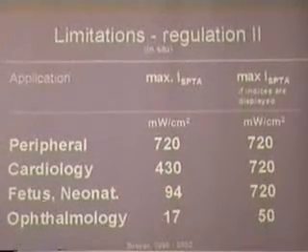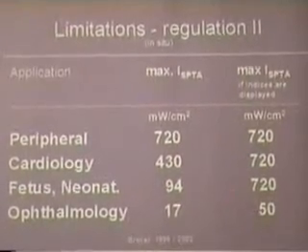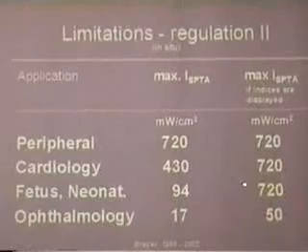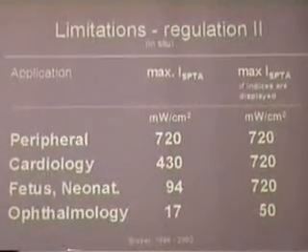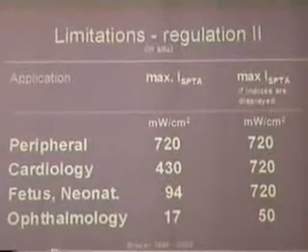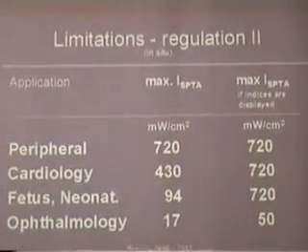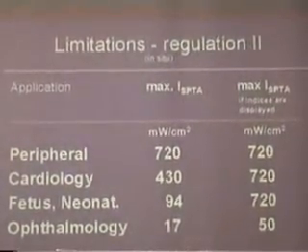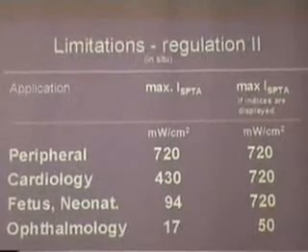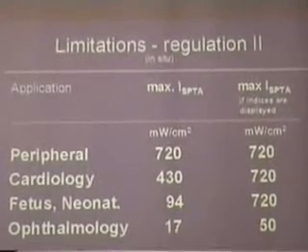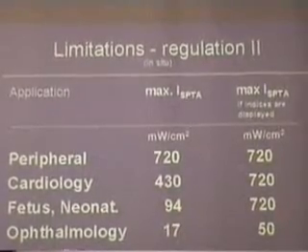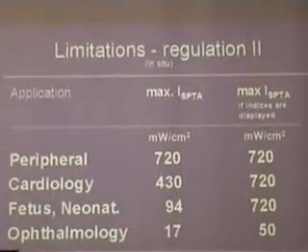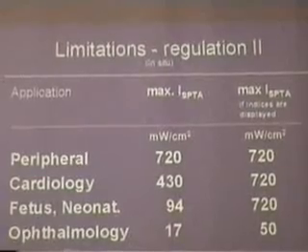This does not mean that if we have a number on screen, then our machine is less hazardous and we can easily insonate our embryo with 720 milliwatts per square centimeter. If that little number is not on screen, then we may not. No. What it really means is that there is no proof whatsoever that this is hazardous for fetuses and embryos at all.